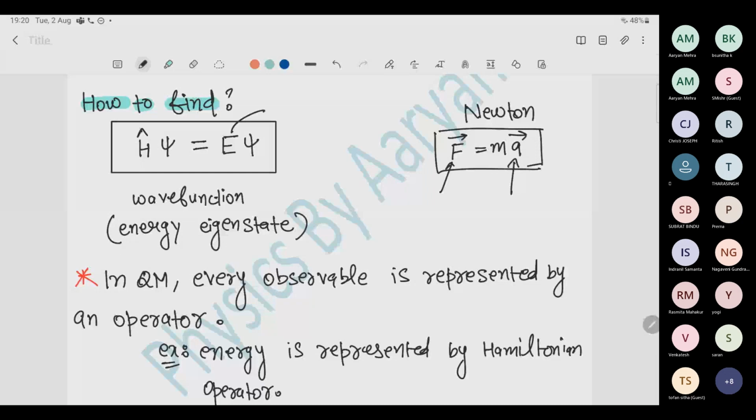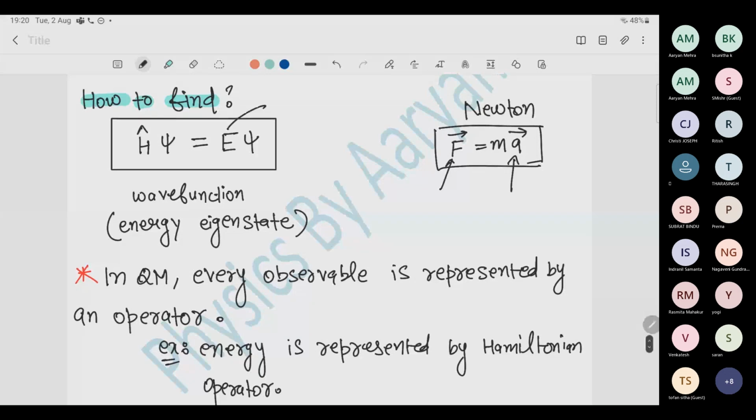So you are operating this operator on a system or your state phi. You are getting some energy value E and you are getting your state back. This is an operator, this is your state or wave function, this is your energy which you are getting, and this is again your state back.